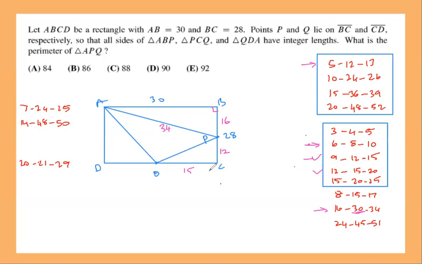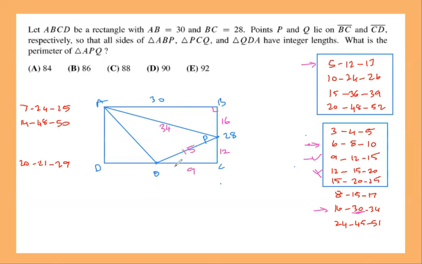It is not, so this doesn't work. And then 5, 12, 13: if this is 5, that's 13, that's 25, and 25 and 28 don't give another integer. So the only possible option is 9, 12, 15. So that should be 15.